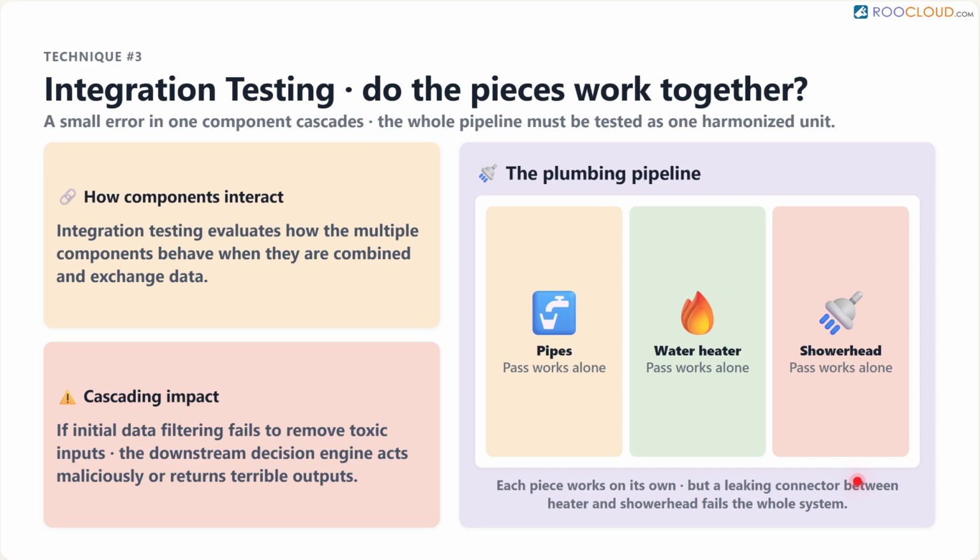However, if the connector between the heater and the shower head leaks, the whole system fails. Testing the data flow and the entire pipeline as an integrated unit ensures that codependent components are fully harmonized. If the initial data filtering process fails to remove toxic inputs, the downstream decision engine might act maliciously or provide terrible outputs.